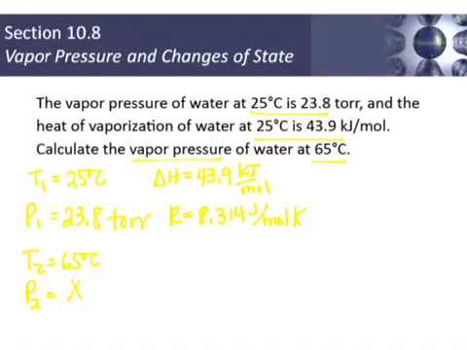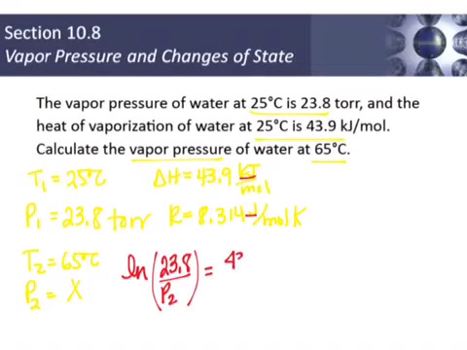So what we do is we just start plugging in. So ln of P1 over P2 is equal to, so we have kilojoules and we have joules, so let's turn our kilojoules into joules.